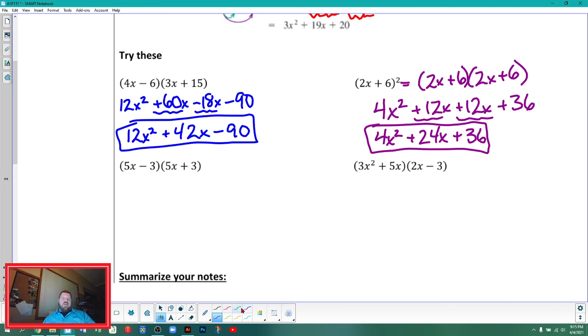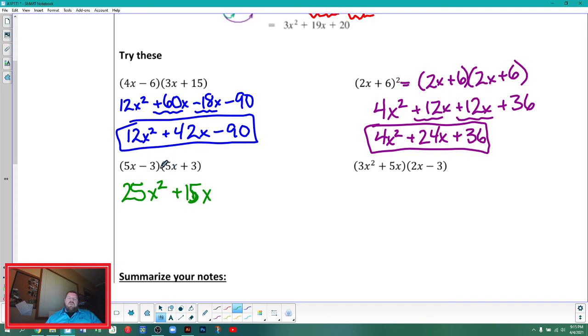Let's look at these last two. For this one here, first times first is 5 times 5, which is 25. X times x is x squared. Outsides, 5 times 3 is 15. Sorry, that's a 15.